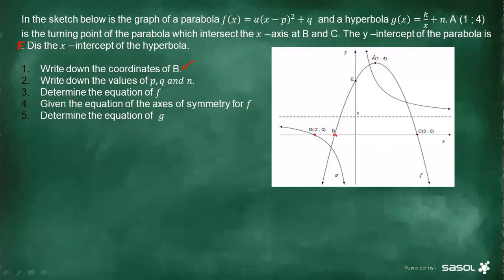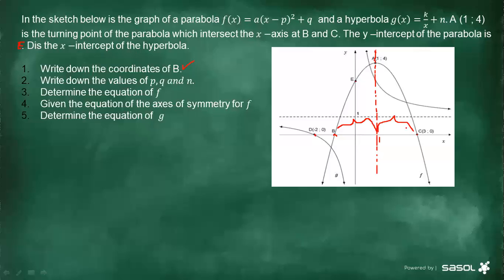Now remember, there is a line that we call the line of symmetry that cuts this graph into two equal parts, and this is 1 there. So the distance from here up to there is equal to the distance from here up to there.